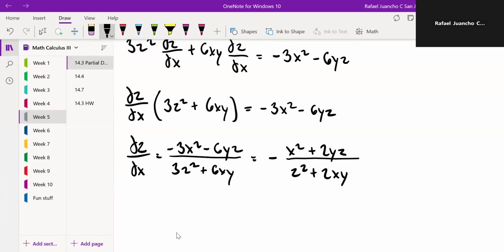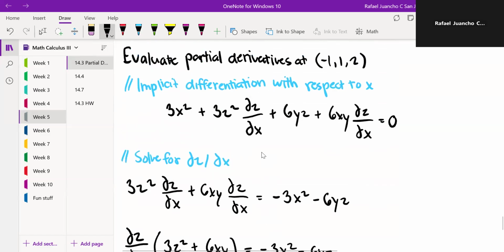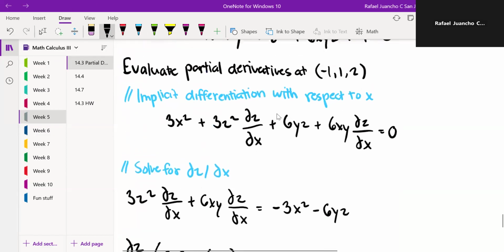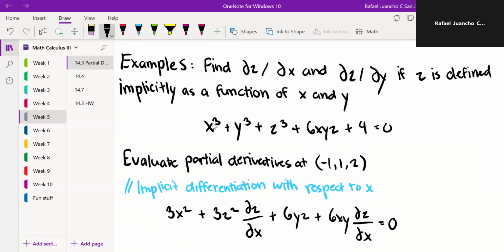And similarly, we can do the same for y, right? So let me just do it. Here now we treat x as a constant and y as a variable. And so x cubed acts as a constant, that's 0.